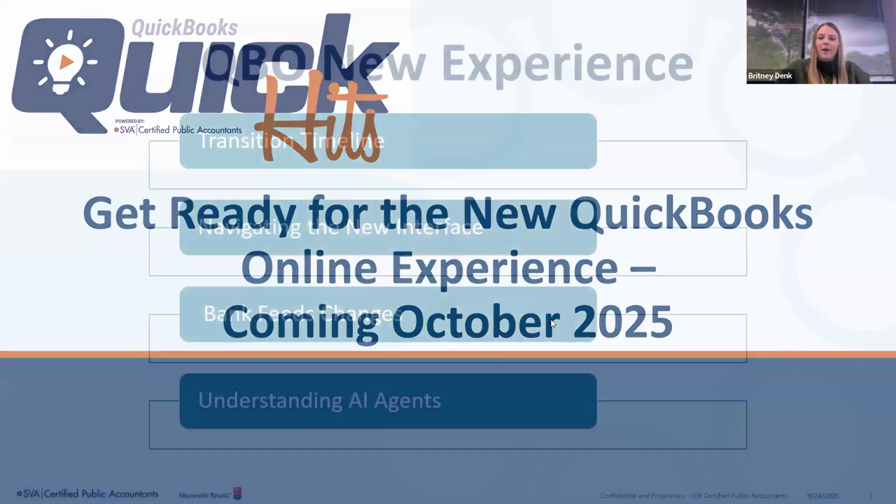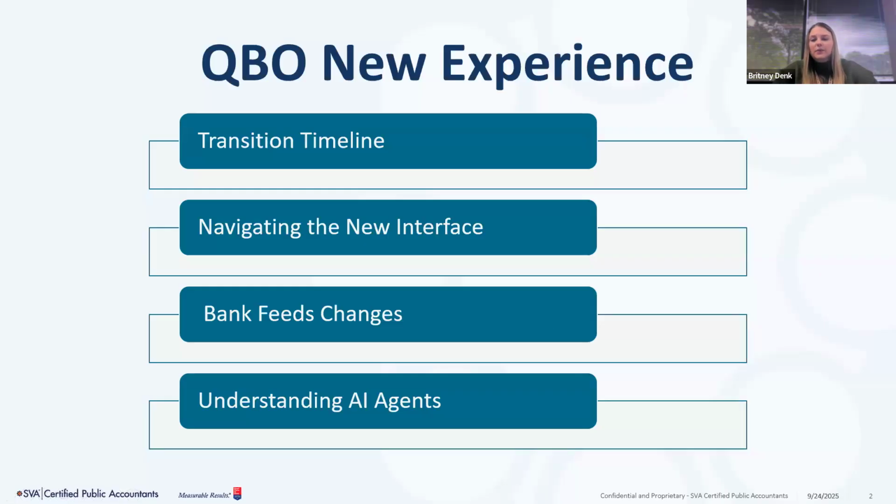Okay. So these are some of the things we're going to be going through in our 15 minutes today. With QuickBooks, it's a new experience. We'll walk through the transition timeline, show you the new interface, what it looks like, where to access things. I'll walk through some of the bank feeds changes because if you haven't noticed, that's also quite different these days as well.